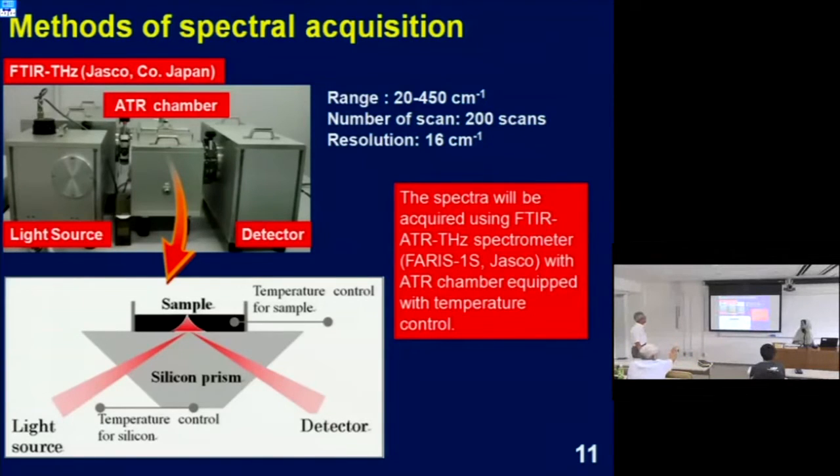You're only repeating. So maybe for the white box, you should say ATR, or attenuated total reflectance, as a label. Yes, yes.